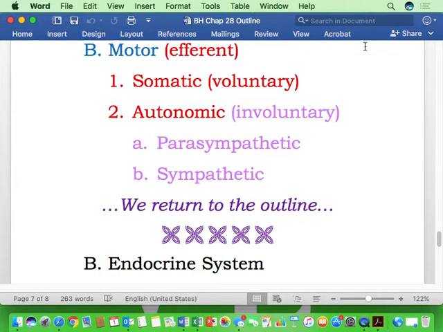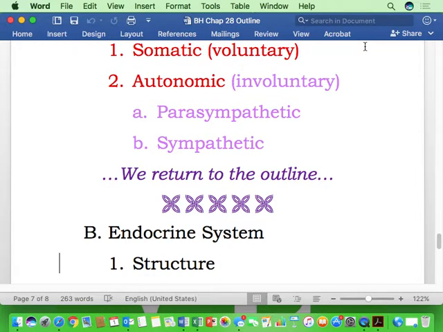So the other control system of the body is the endocrine system. Now, the endocrine system, remember, consists of a bunch of different glands that are found throughout our body.